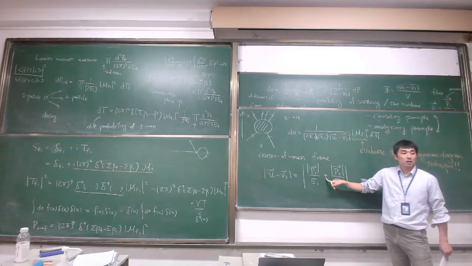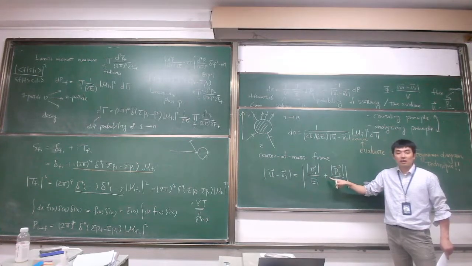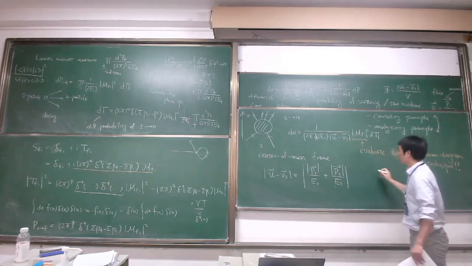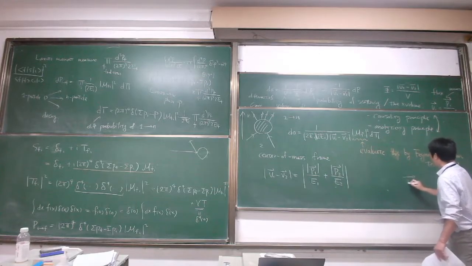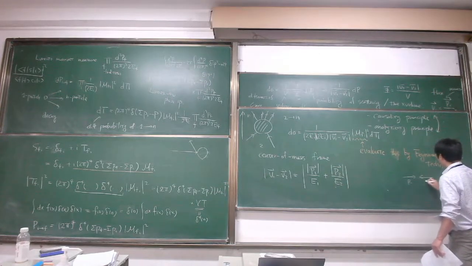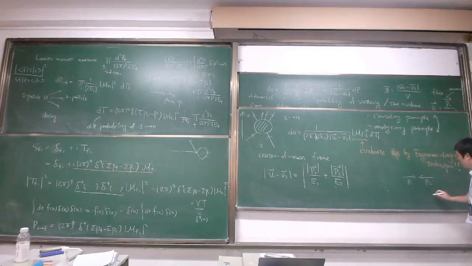Okay? Do you understand? Are you guys okay? So p1 and p2 are totally opposite, and we assume p1 plus p2 is equal to 0.